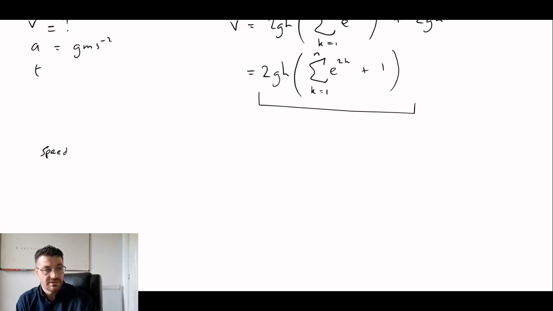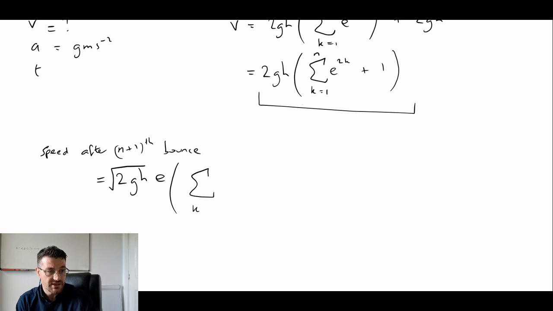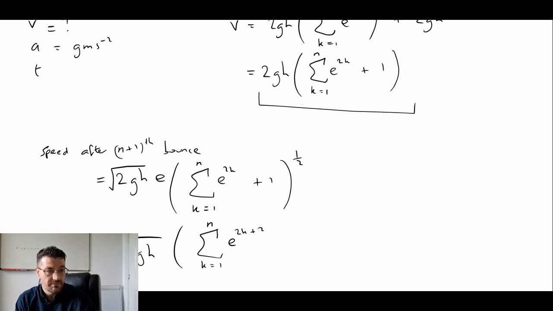So the speed after the n+1th bounce is going to be equal to e times this thing, so the square root of 2gh times e times the sum k equals 1 to n of e to the k plus 1, to the power of a half, which is equal to the square root of 2gh, the sum from k equals 1 to n of e to the 2k plus 2, plus e squared.